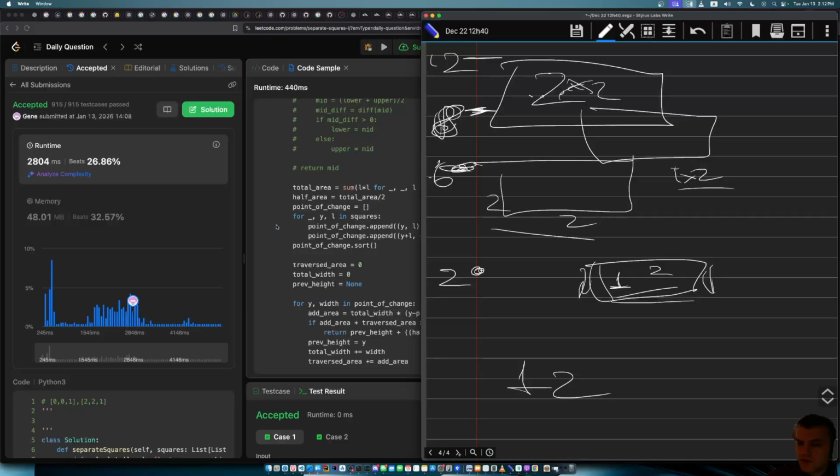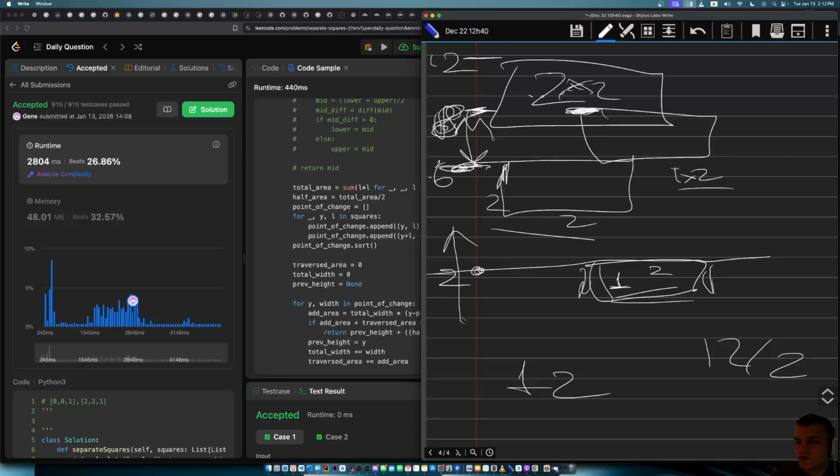So they calculate this point of change based on the upper bound of the rectangles, and then they go from the start to the end and look for the 12 over 2 bound. So the 12 over 2 is going to be between 6 and 8, between this and this.